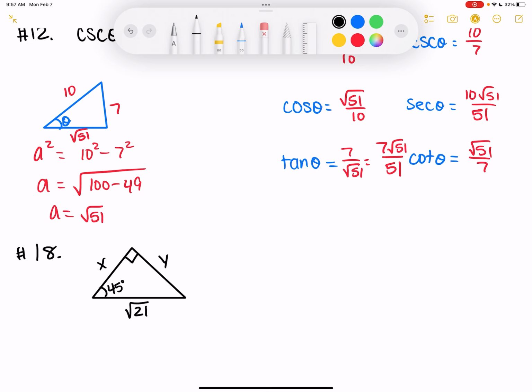How many degrees are inside of a triangle? 180. We also thus know that this is 45 degrees. The square represents 90 degrees. Okay, now I'm going to draw this: square root of 2, and then 1 and 1.